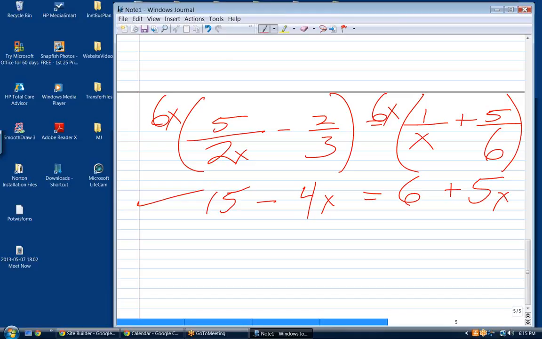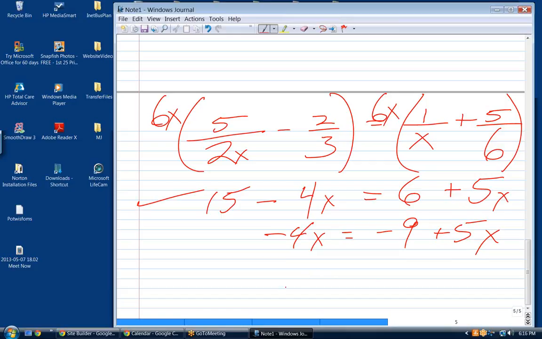Okay, so what's the next line in solving that? Subtract 15. Okay, so what's the next line? Negative 4x equals negative 9 plus 5. I don't know why I said 3. Yeah, we didn't change that. Okay, now what's the next step? Subtract 5x.